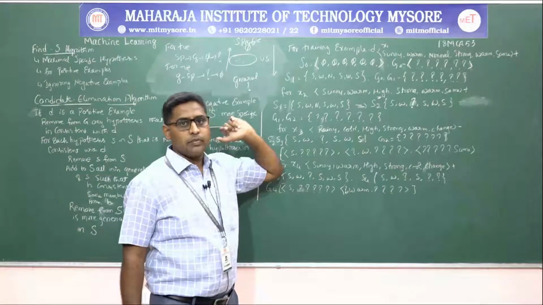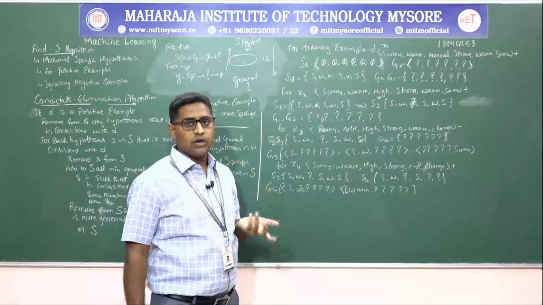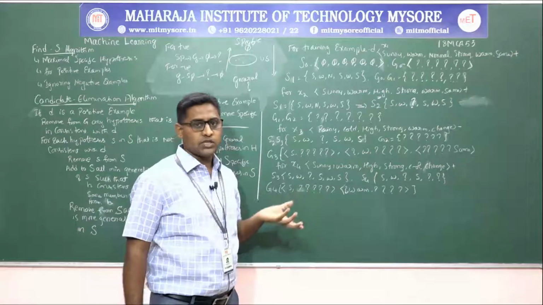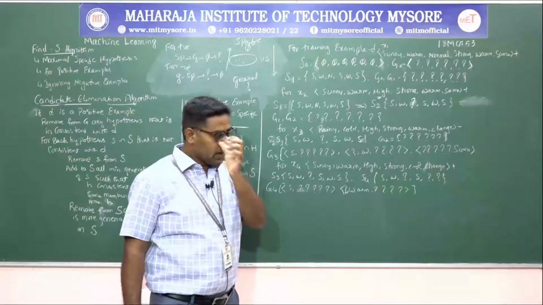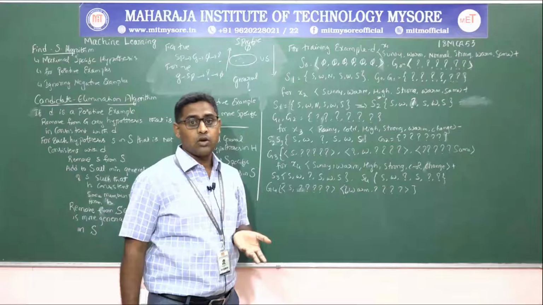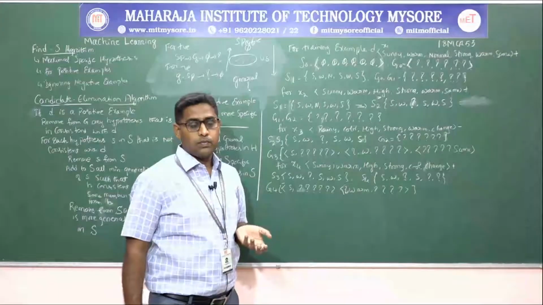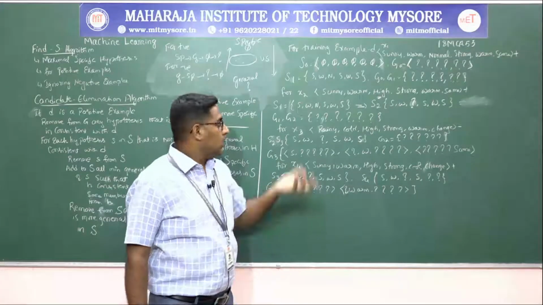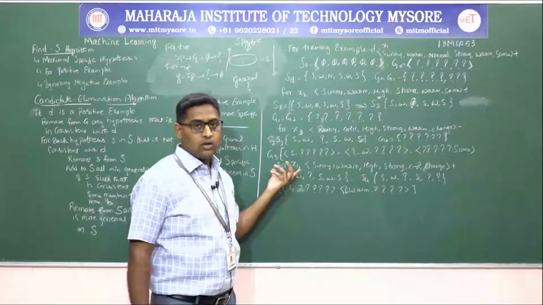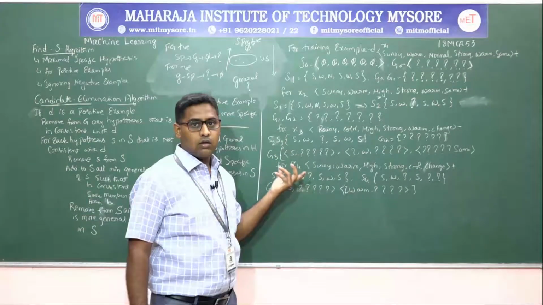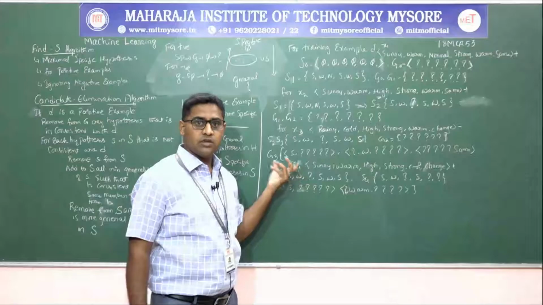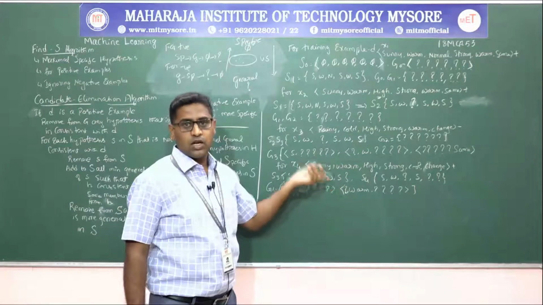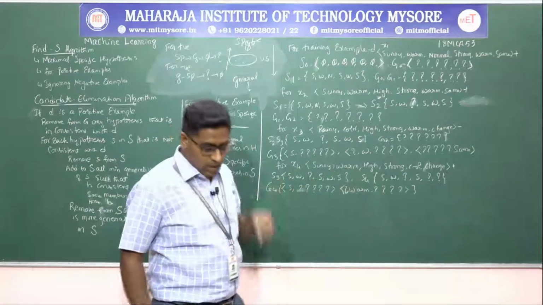The second row is also a positive value, and the third row will be a negative value, a change that it will be a rainy day, so you will be unable to go for playing the water sport. Next is the fourth row. Again you will be defining a positive value, that means you can go for water sport on that particular day.